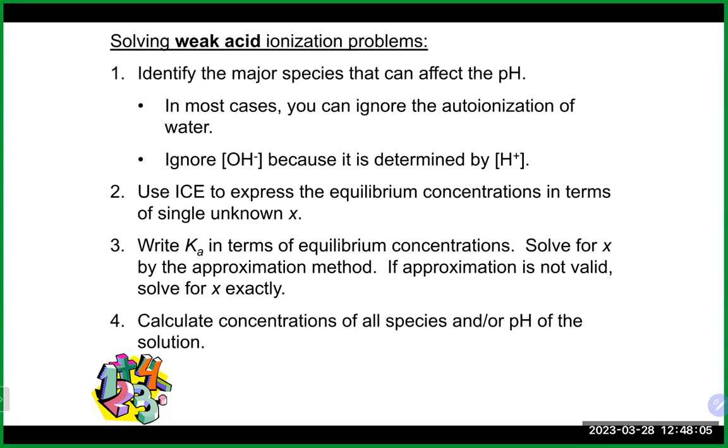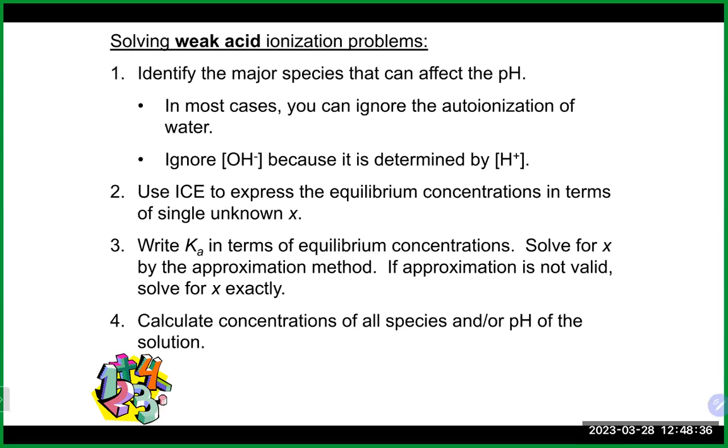We will ignore the autoionization of water. You may be wondering, what does that mean? Water itself is producing H+ in solution, and OH-, as water reacts with itself. So there are certain points where you may get an H+ concentration from the acid that's actually a lot less than water itself doing its thing. There are some books and some people that will take that into account. We will not.